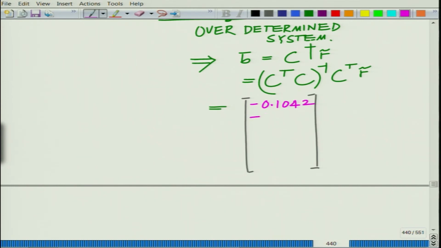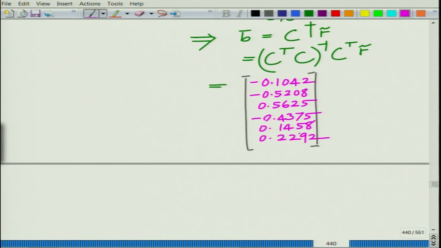0.1042, minus 0.5208, minus 0.5625, minus 0.4375, 0.1458, and 0.2292, and therefore, now you can see these correspond to the values.